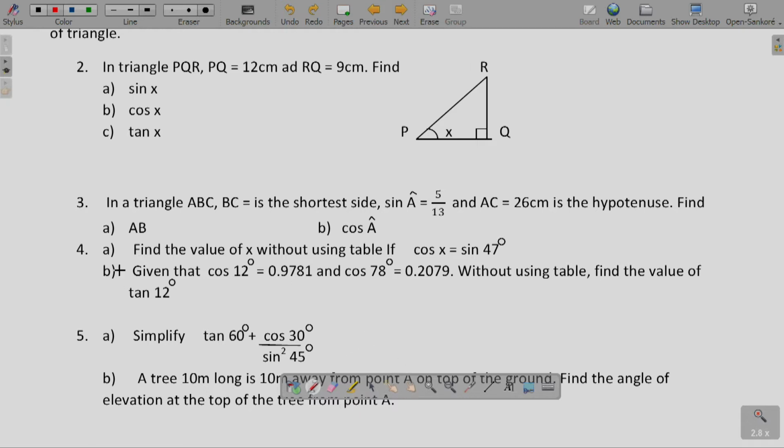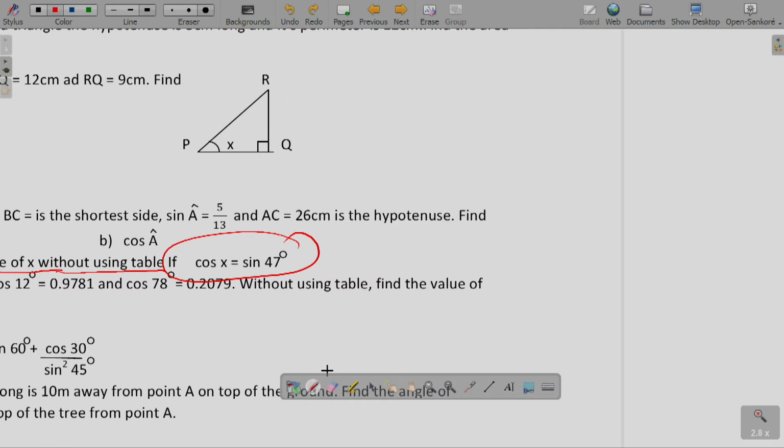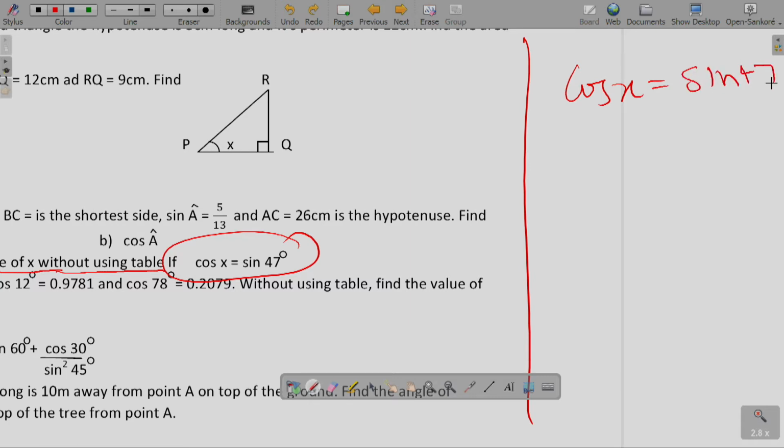The fourth question says find the value of x without using table. We have cos x is equal to sine of 47.